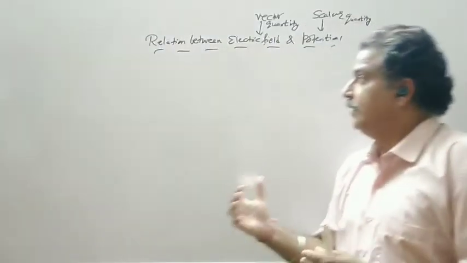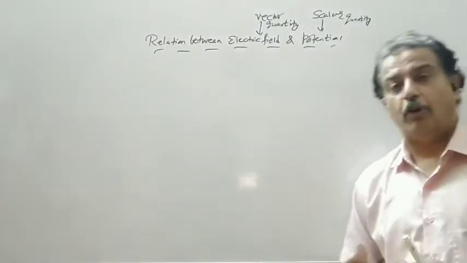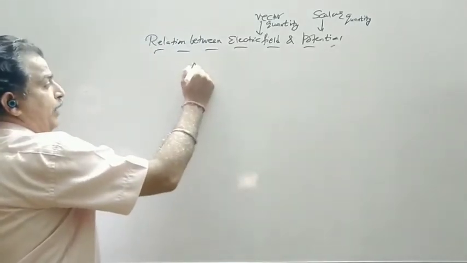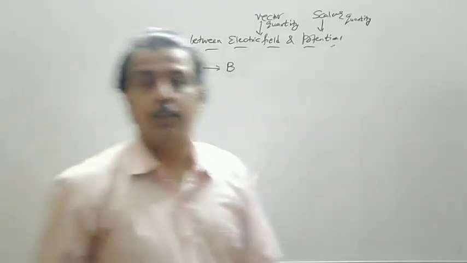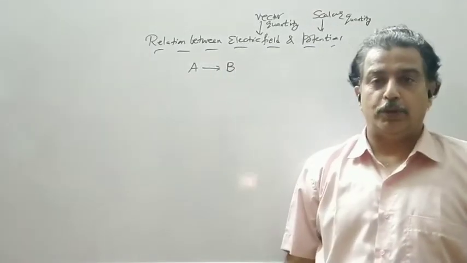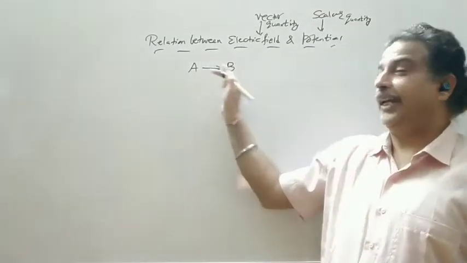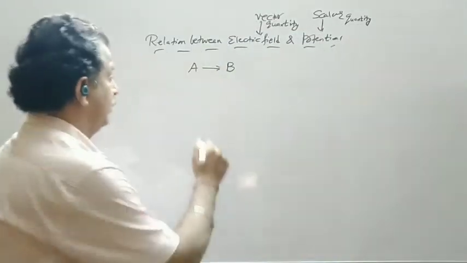Now let us see the differential form of this equation. Suppose we are moving from point A to B. The work is done to move a unit positive charge from point A to B against the field.